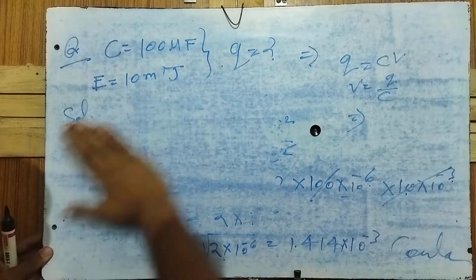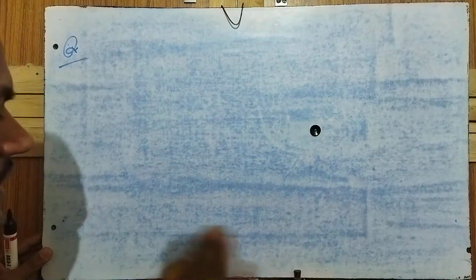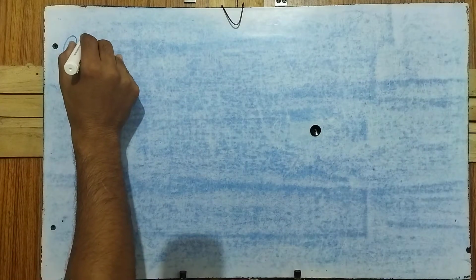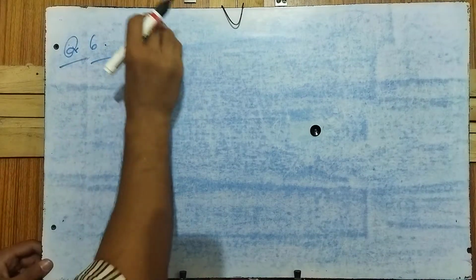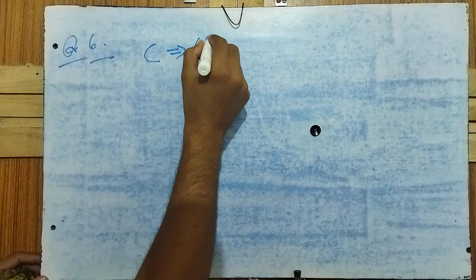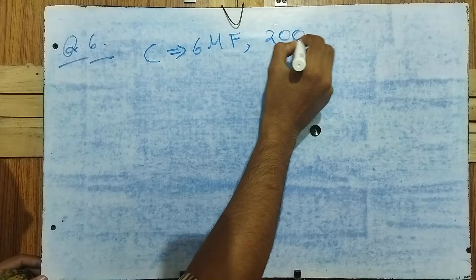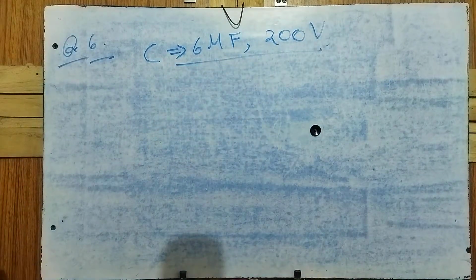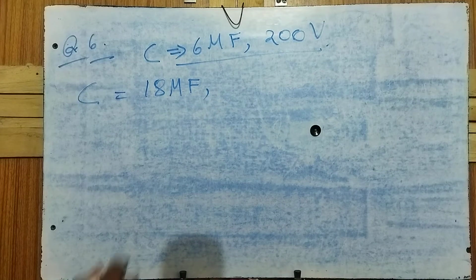Next question is very important, very tricky and very conceptual. You will have to understand. Right? Question is, if a capacitor is having 6 microfarad and 200 volt, using this capacitor we will have to make a big capacitor having 18 microfarad and 600 volt.